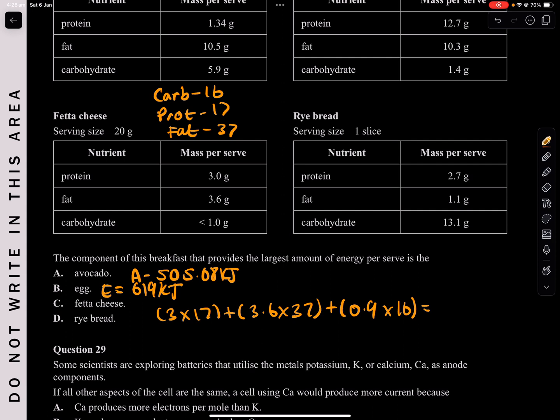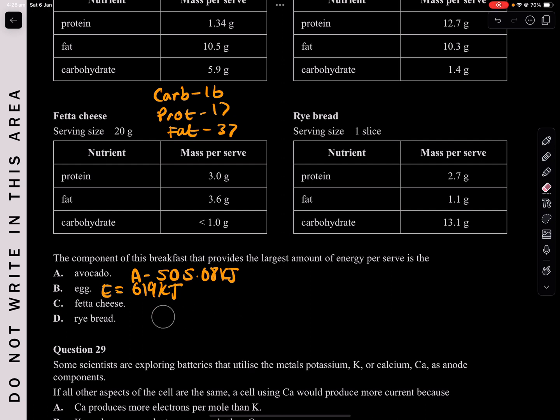That's going to give me 198. Let's write that down. 198 kilojoules. Then the last one is rye bread, which is going to be 2.7 times protein, which is 17, plus 1.1 times, for fats it's 37, plus 13.116.